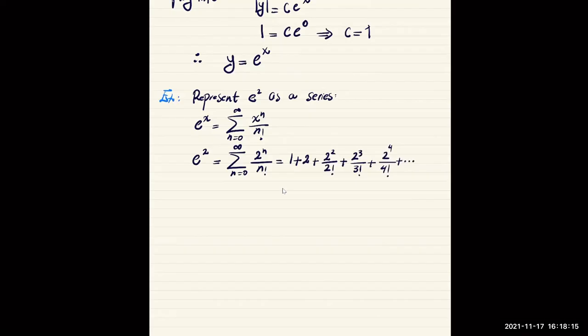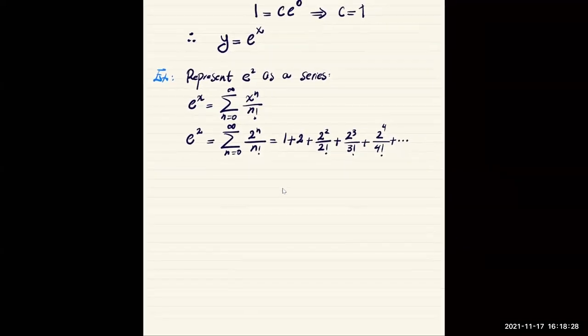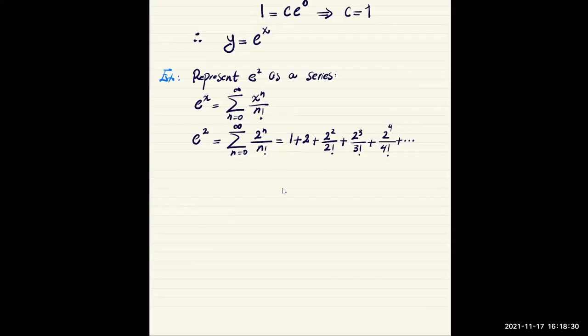In your calculator, I don't know how many terms of the series, it's a little bit more complicated than that, but that's how we go about it. You can actually use this series to come up with any power series that involves e to the x.